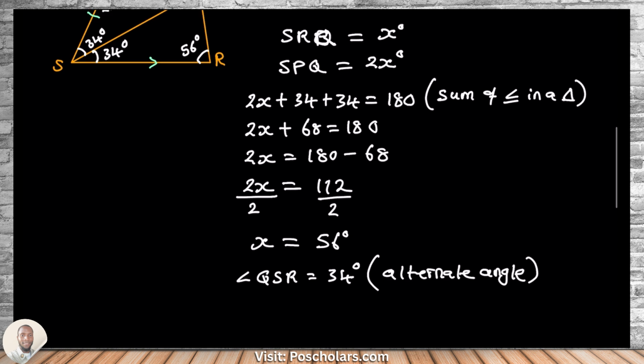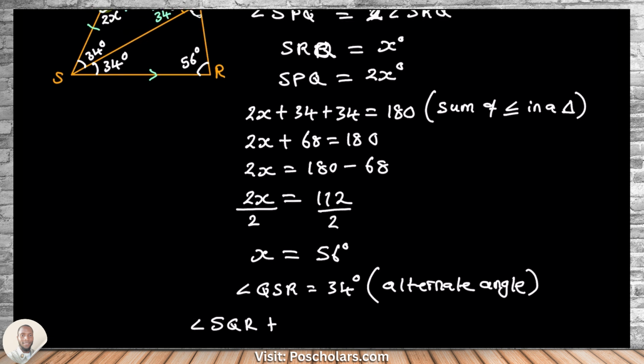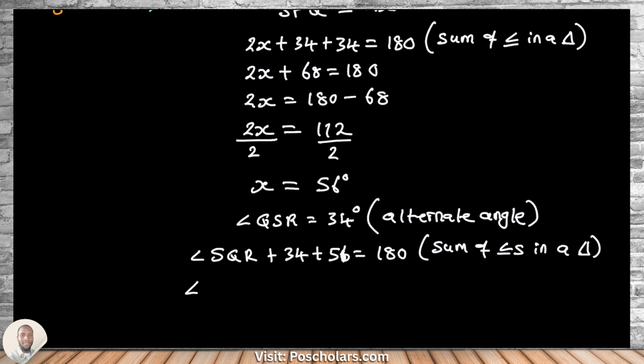So let's add up now. We can say angle SQR plus 34 degrees plus 56 degrees equals 180. And the reason is sum of angles in a triangle. So we have angle SQR plus 34 plus 56 gives 90, so plus 90 equals 180.